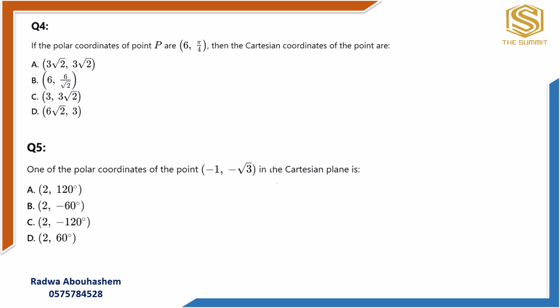If the polar coordinate of point P are 6 and pi over 4, then the Cartesian coordinate. Okay, let's apply the rule. x equals r cosine theta and y equals r sine theta. So it's 6 times cosine pi over 4, which means 45, cosine 45.